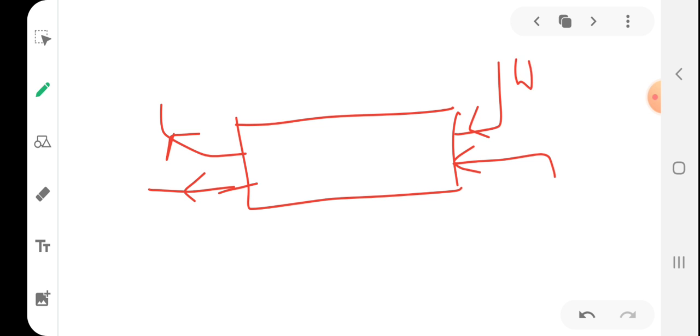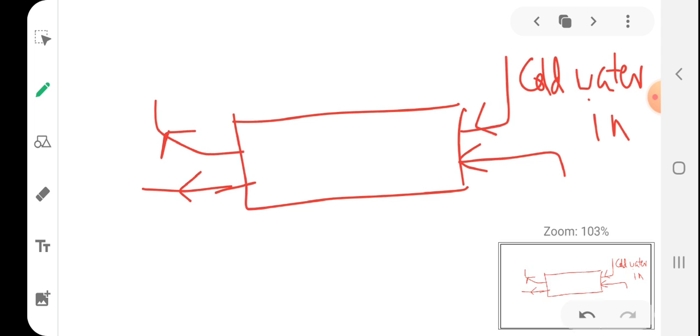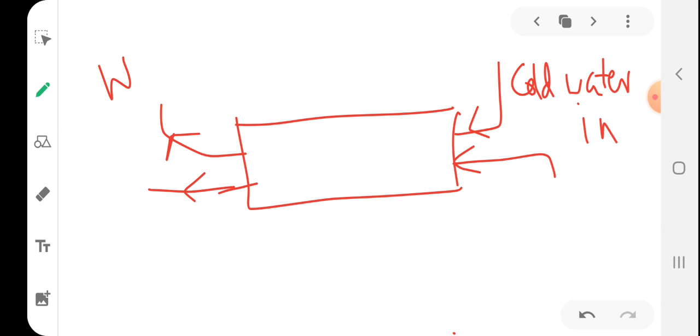If this is water, some cold water should come into the condenser, and when it leaves the condenser, it will be warm water, right? So this water should again be recycled, right? The water will be available in limited quantity only.